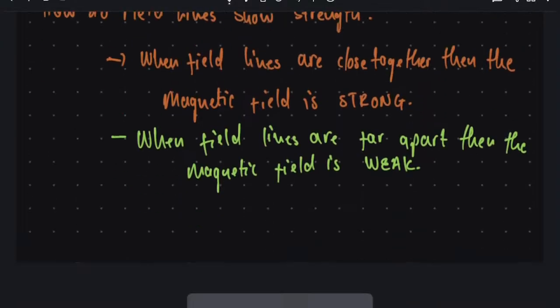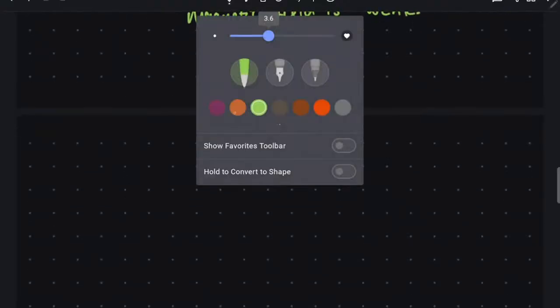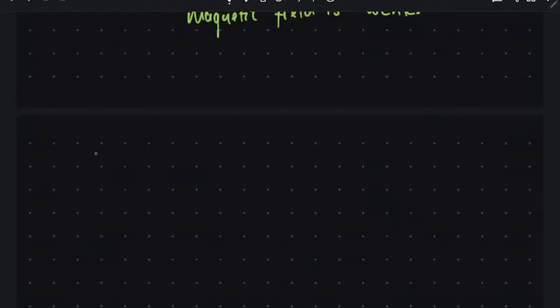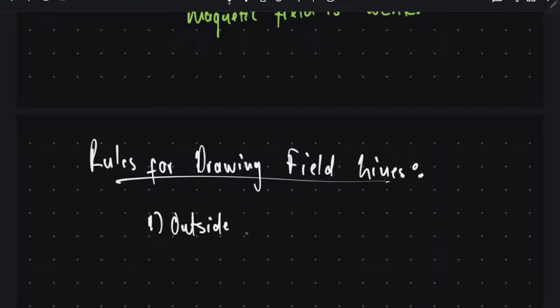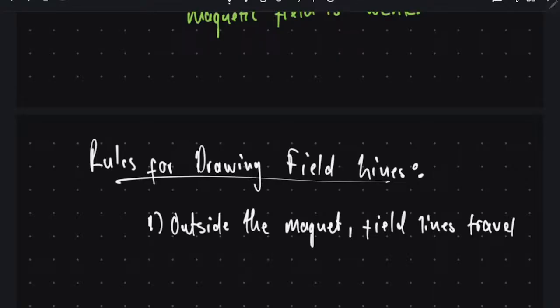Now, here are the rules to remember when you draw field lines. Rules for drawing field lines. Rule number 1: outside the magnet, field lines travel north to south.